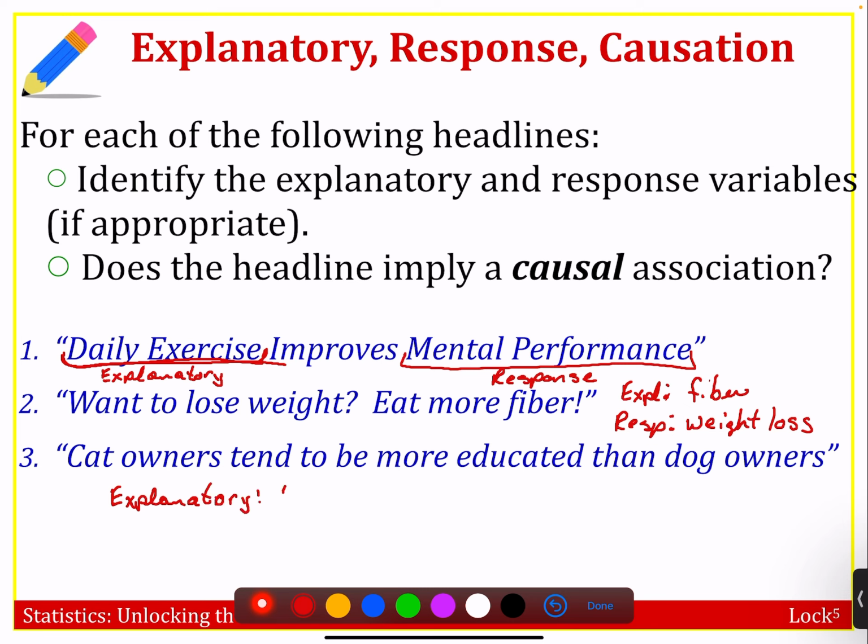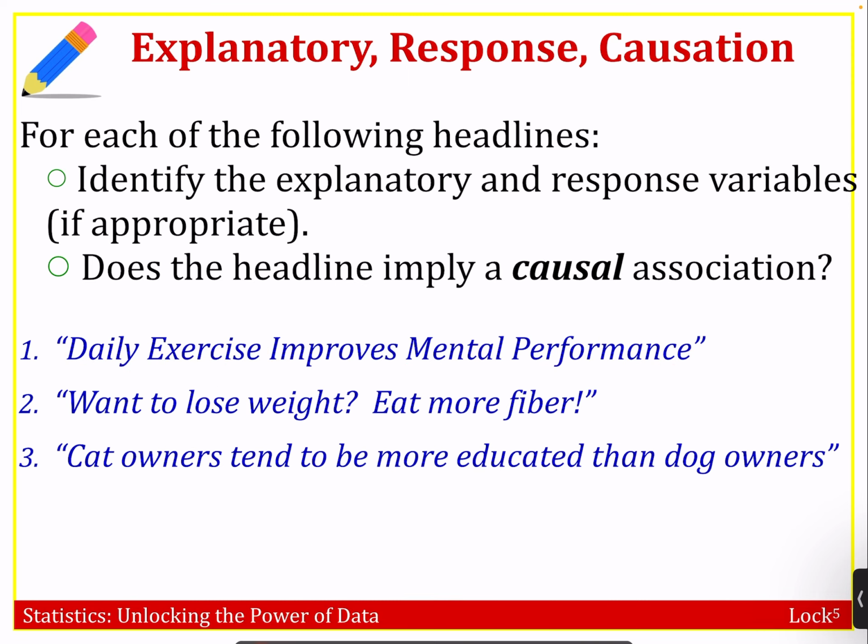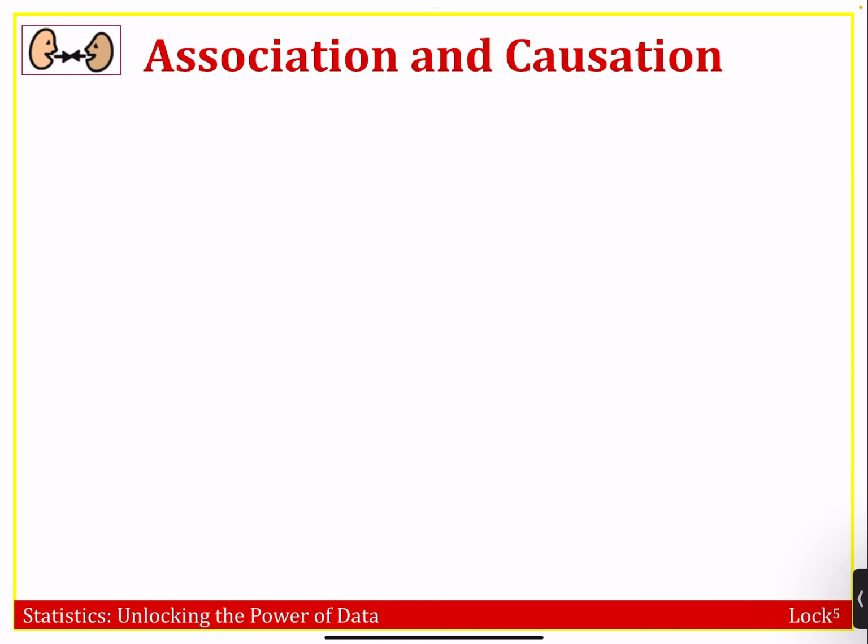And the response variable would be educational level. Now, does this headline imply causation? Not so much. It just says there's a tendency. It doesn't say that owning a cat causes you to be more educated than owning a dog, just that there is a tendency. All right, hopefully that all made sense.